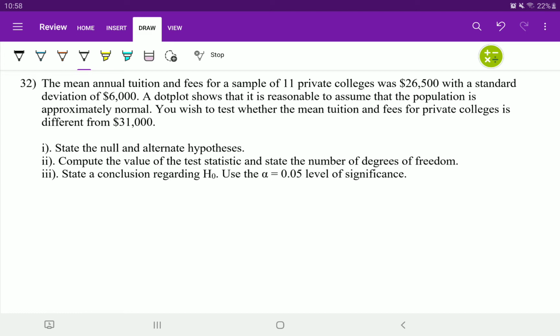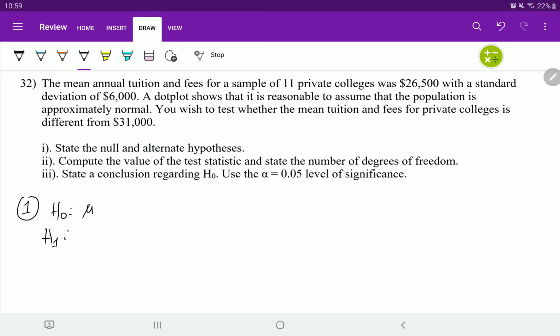Alright, now, number 1. We want to write our hypotheses, our null and alternative. The null states that there is no difference between the parameter, which is going to be mu, and a specified value.